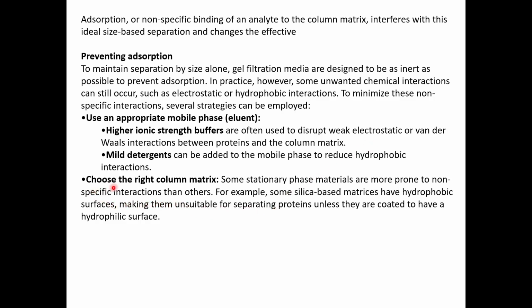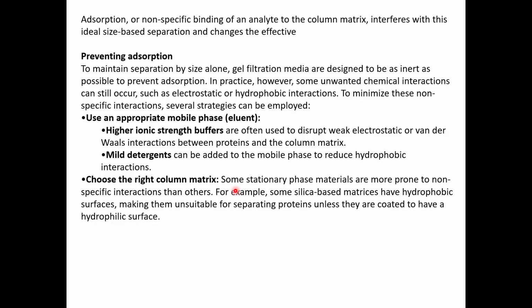It's also important to choose the right column matrix, because some stationary phase materials are more prone to non-specific interactions than others. So make sure that you go through all types of matrix, and for your particular protein or sample, determine which matrix is most suitable.